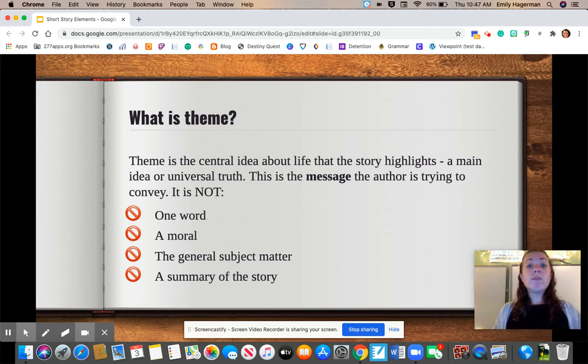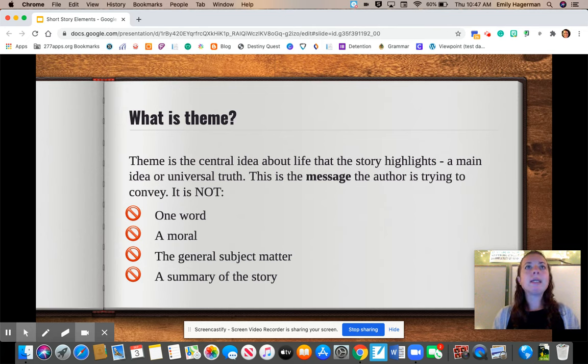Theme, it is very important to know, is never ever one word. If you just give me one word like war or friendship, I will tell you, wrong, not theme. Theme's also not a moral. So don't think about, you should always respect your parents. You should never lie. Avoid the always and never, right?